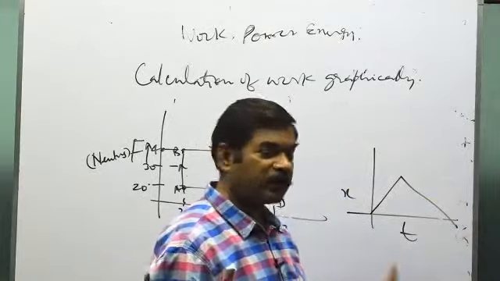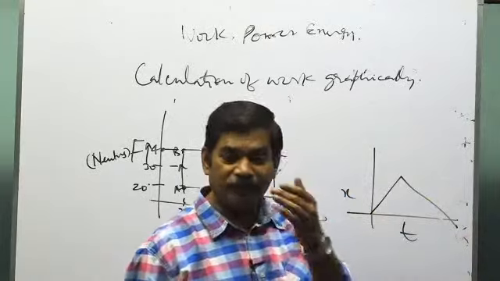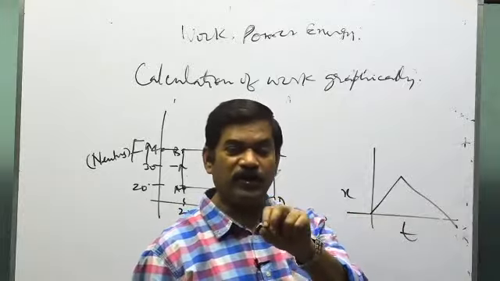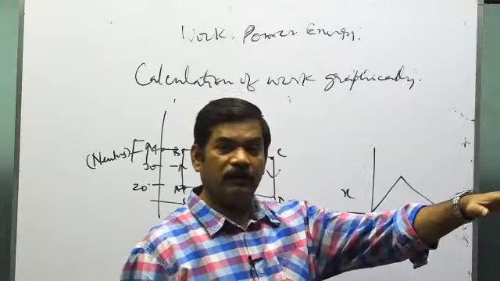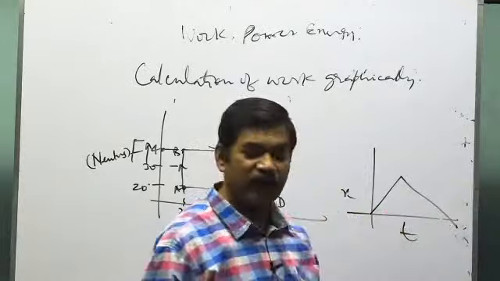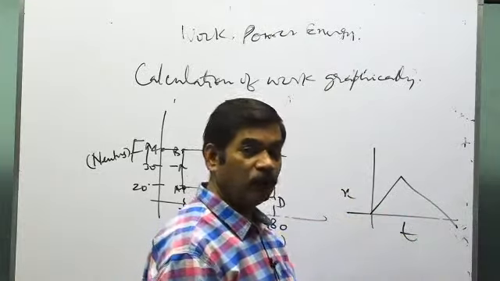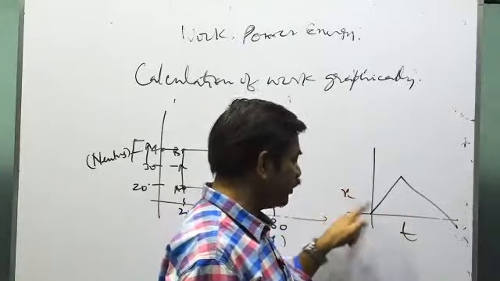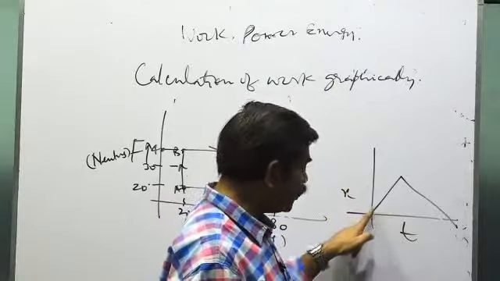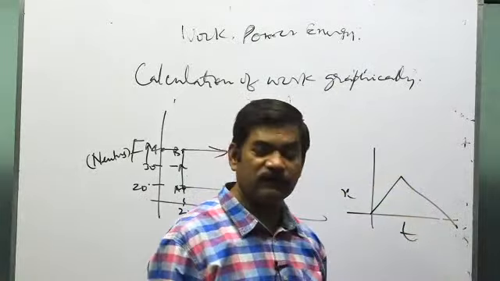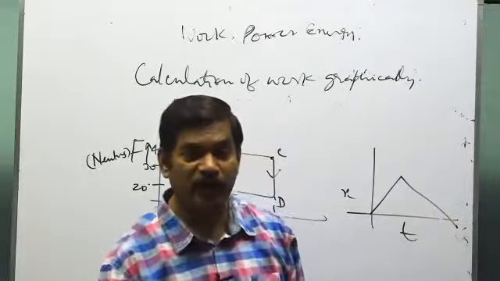Because this is a straight line motion graph. With the passage of time, only one coordinate is changing, that is X. The displacement is only along X direction. So this is how the displacement is changing with time t. It does not mean that body is going along this direction or body is going along this direction. This is a graph for the straight line motion.